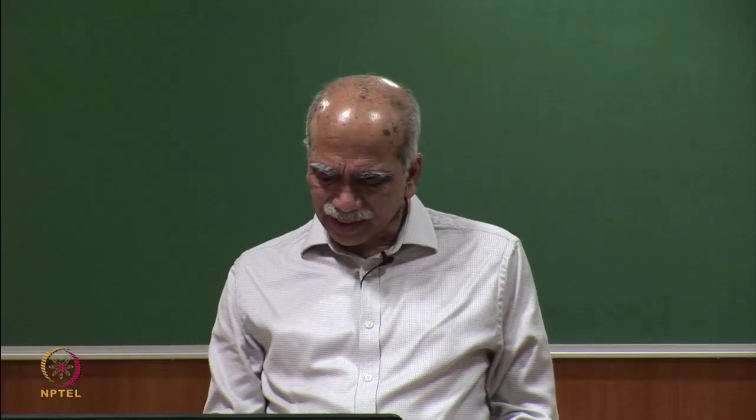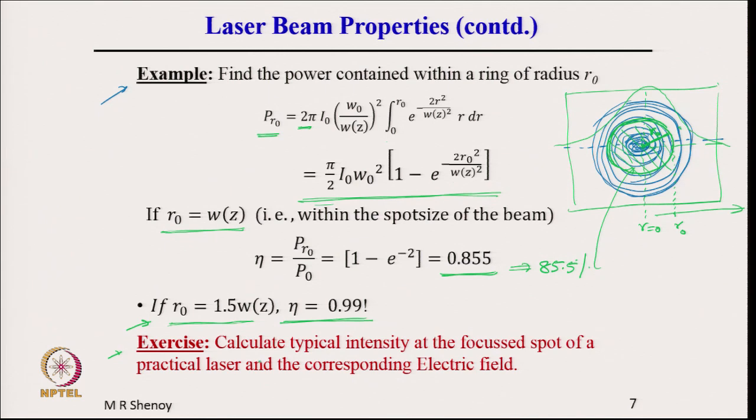There is an exercise which is given here. Calculate the typical intensity at the focused spot of a practical laser and the corresponding electric field. First calculate the intensity on the axis of a focused spot. Start with a practical laser, let us say P is equal to 10 milliwatt, a simple laser.